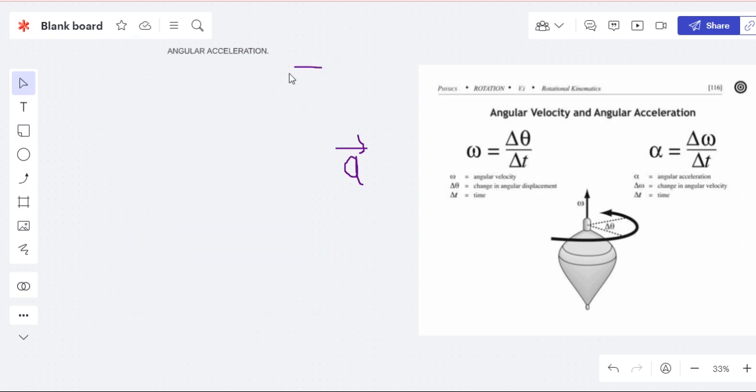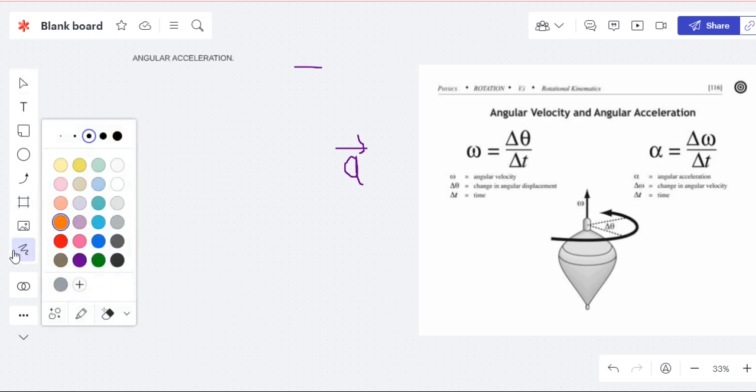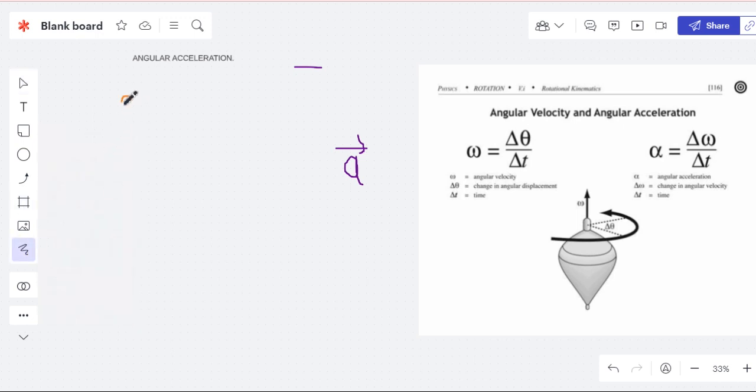So what is angular acceleration? Angular acceleration is basically change in velocity. What is the formula of acceleration? Acceleration is equal to change in velocity divided by change in time.